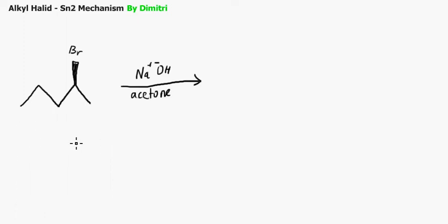Now the second thing that we look at is the leaving group. It should be a good leaving group. Good leaving groups are Cl minus, Br minus, and iodide. Good leaving groups are actually the weak bases. The third thing that we need is a good nucleophile, meaning a strong base is a better nucleophile.